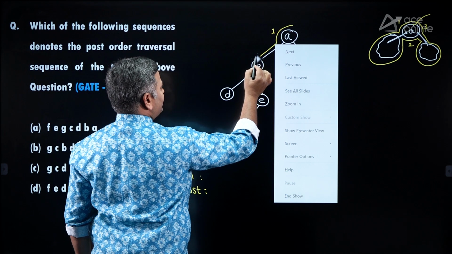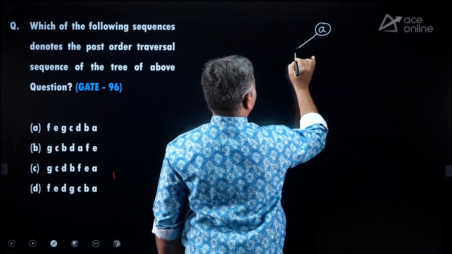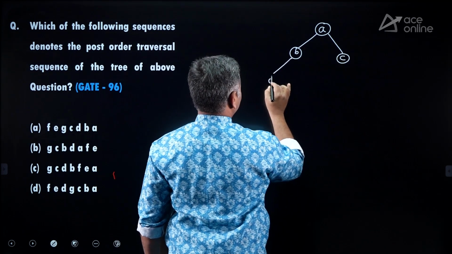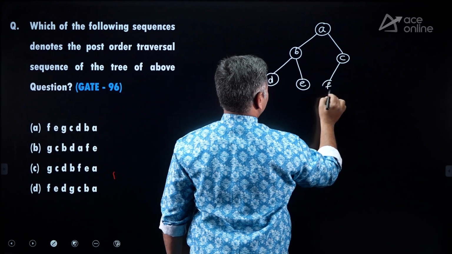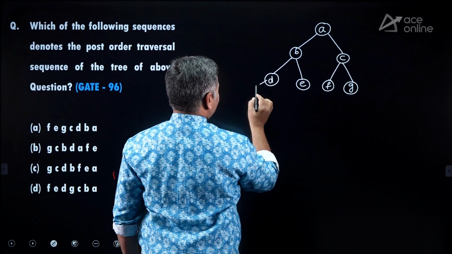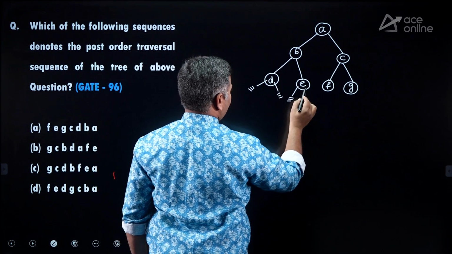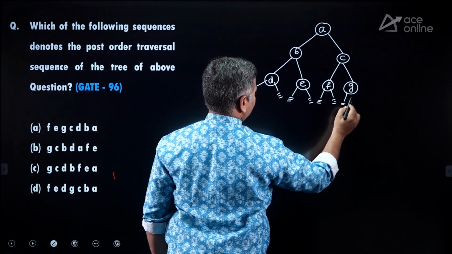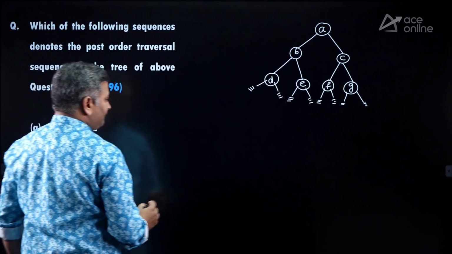Afterwards, you are traversing towards the left subtree. Actually leaf nodes do not have any subtrees. That's the reason we make them null pointers or null links. Let us start traversing the tree.